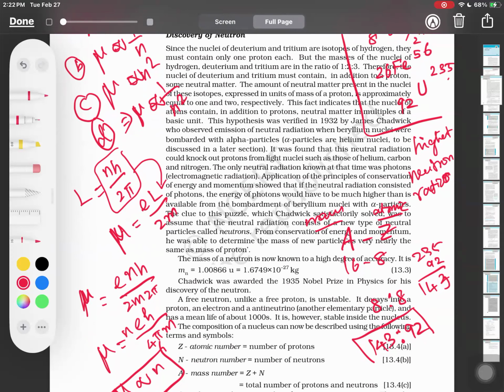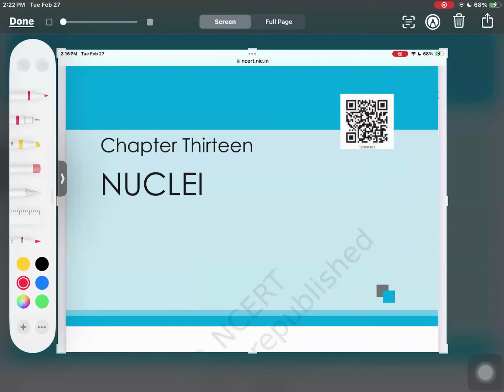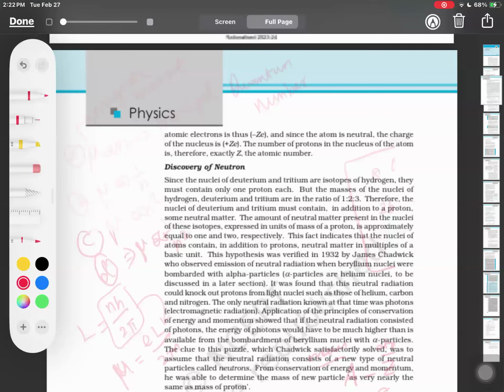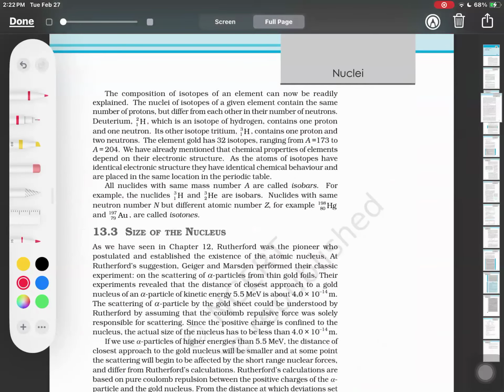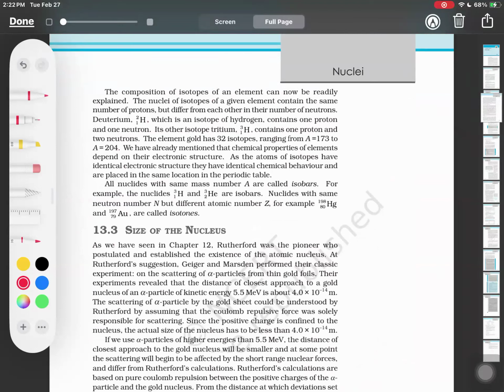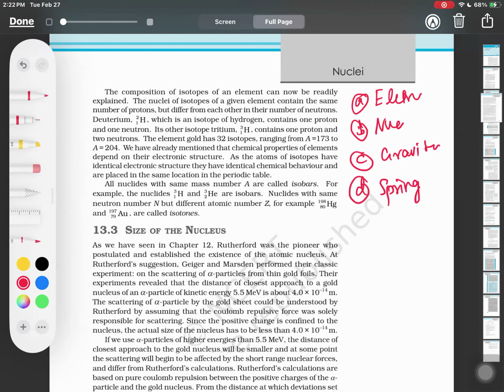Then we'll see, suppose you are given four forces: electrostatic forces, nuclear forces, gravitational forces, then spring forces.